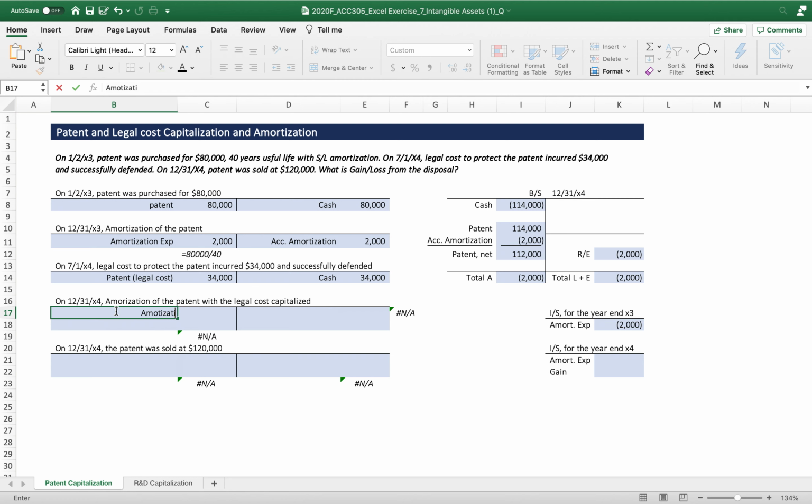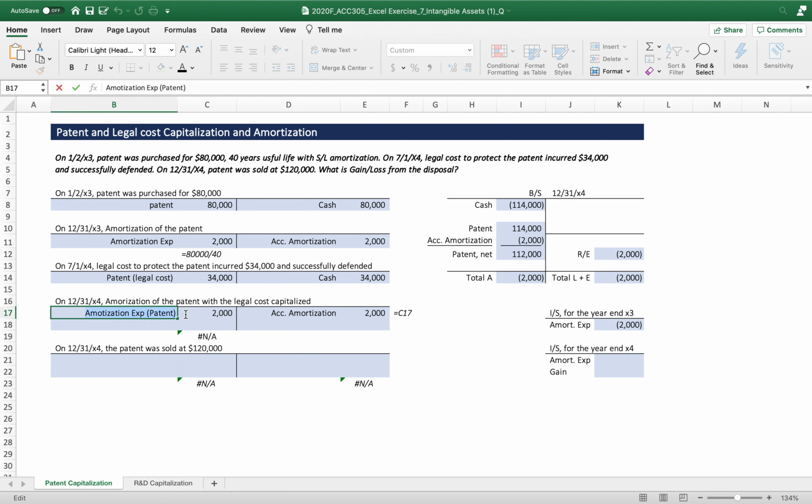Amortization expense, the actual patent is still the same 2,000. Then accumulated amortization $2,000, and then amortization expense.